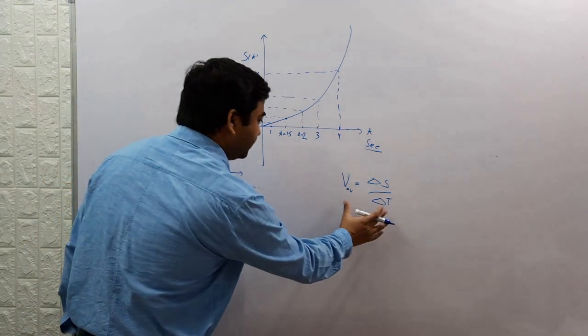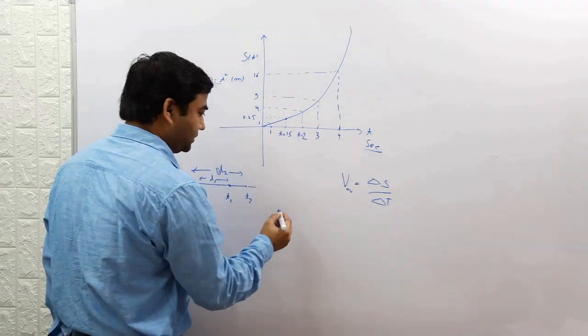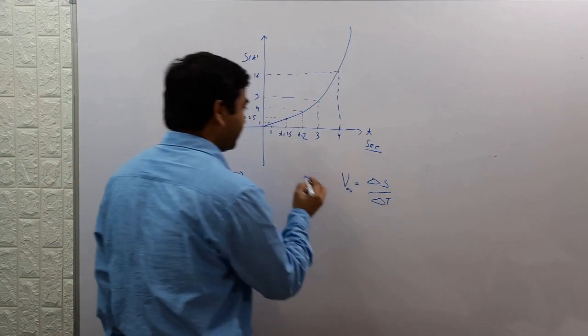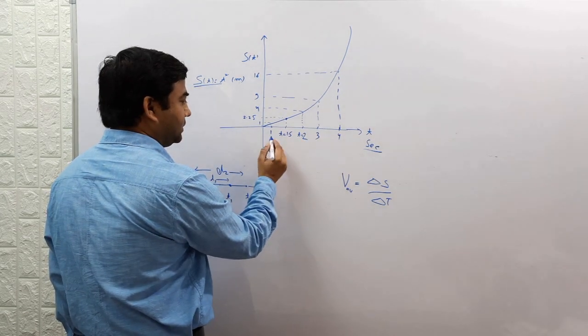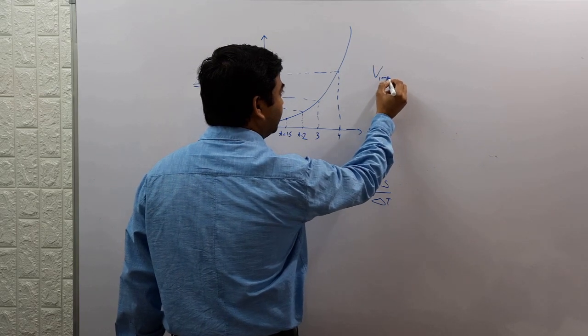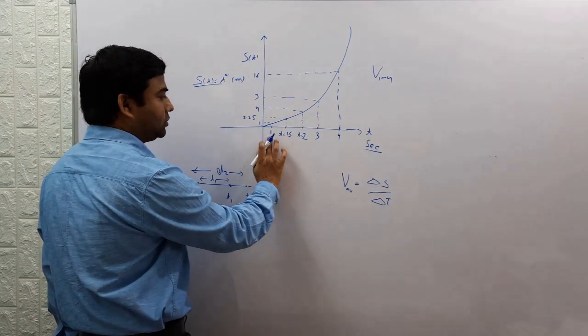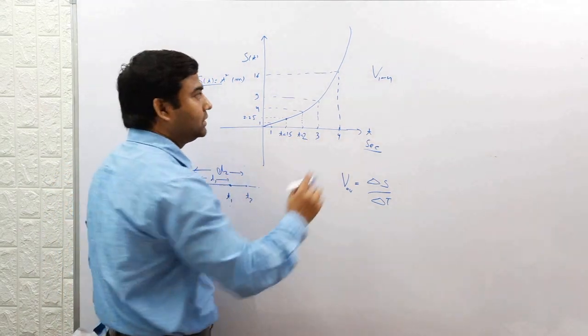So based on this formula, you can find the average velocity V14, that is the average velocity between time t equal to 1 and t equal to 4.